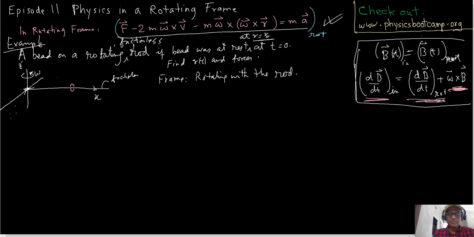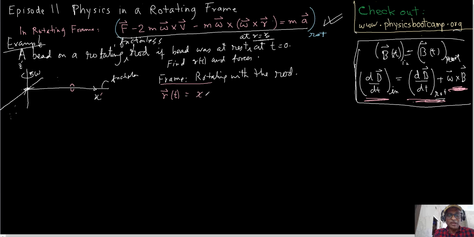So when you look at R, at any instant t, I'm in this frame, and this x prime I can just drop the prime.